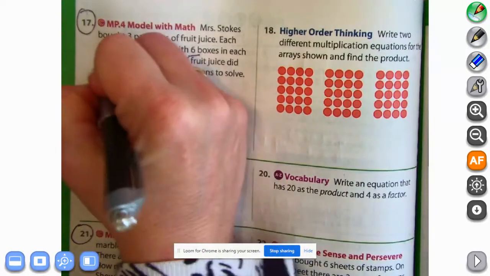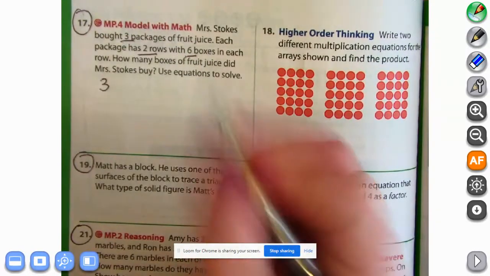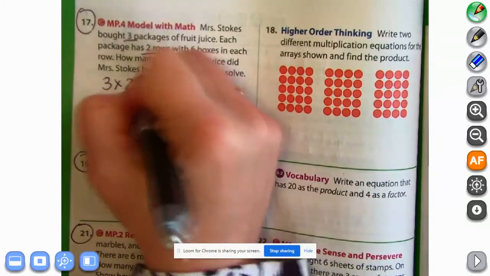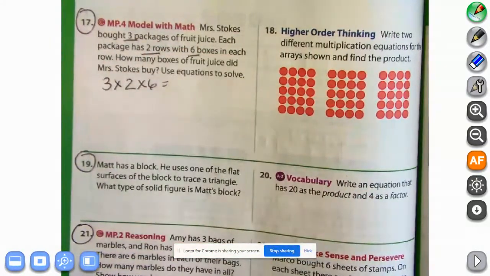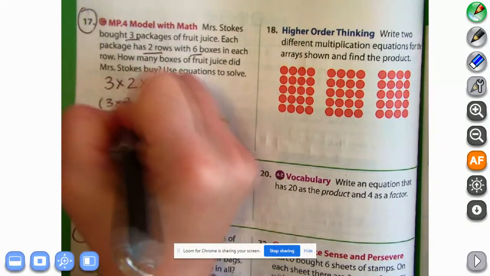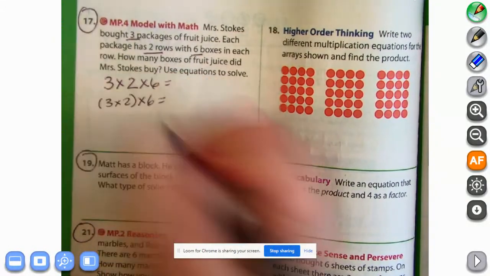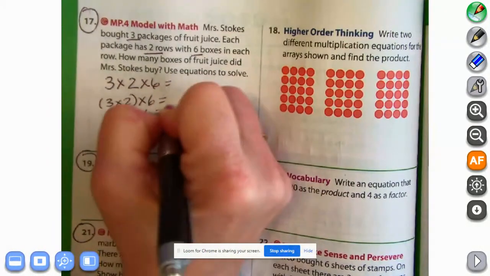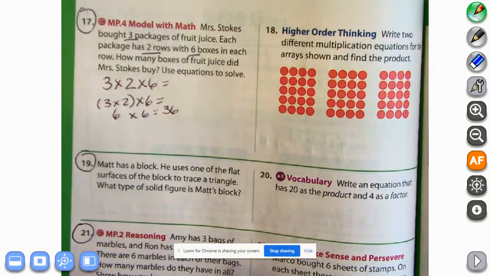So we have 3 of them. And in the 3, there are 2 rows with 6 in each row. Okay? So let's do 3 times 2 times 6. 3 times 2 is 6. 6 times 6 is 36. Okay?